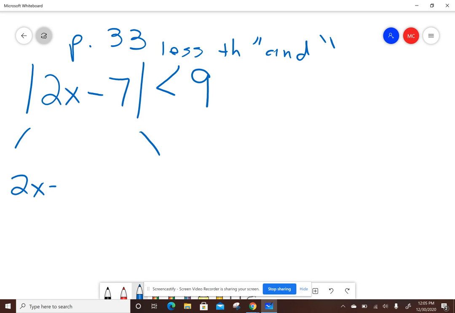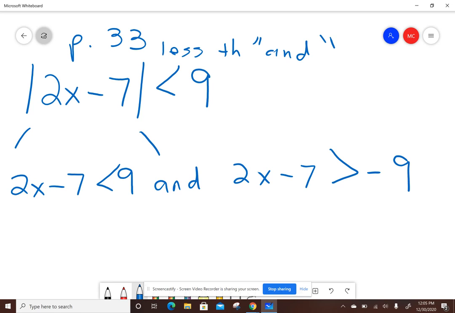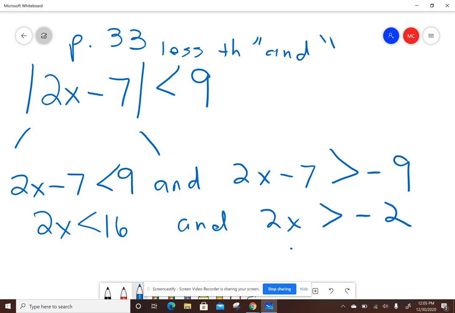Either 2x minus 7 is less than 9 and 2x minus 7, flip the sign, is greater than negative 9. So this becomes 2x is less than 16 and 2x is greater than negative 2. This becomes x is less than 8 and x is greater than negative 1.